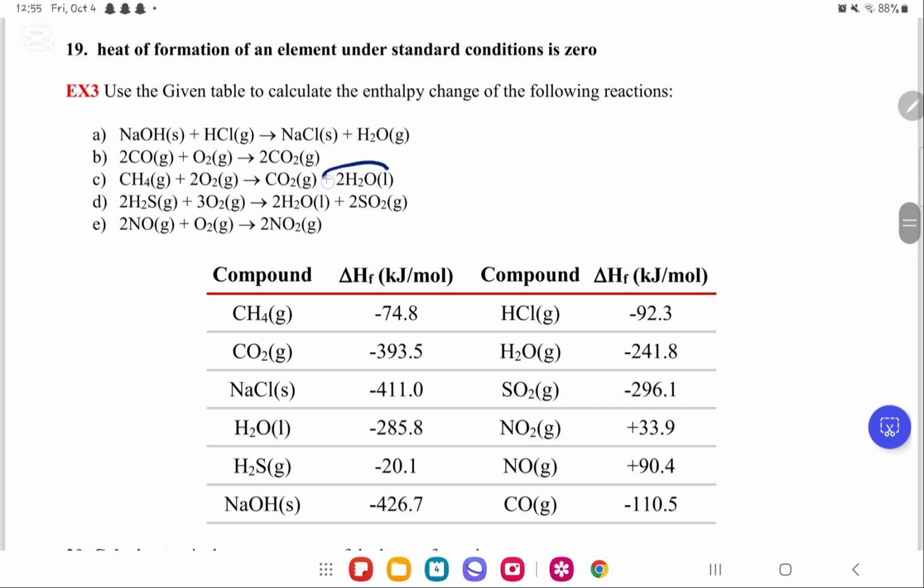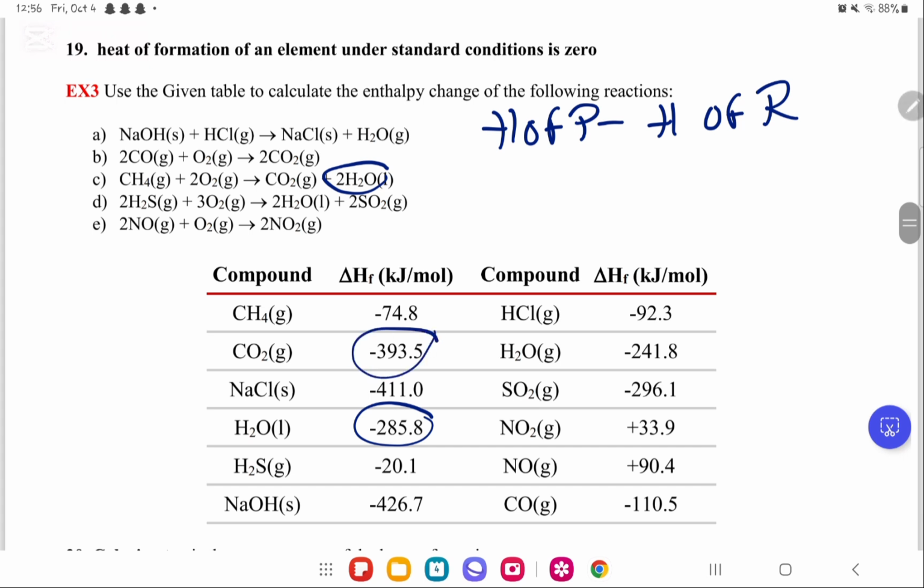Part C. In part C, we have, first of all, heat of products minus heat of reactants. We have 2 H2O liquid, so negative 285.8 times 2, okay, plus CO2 gas, which is negative 393.5. So the heat of products is negative 965.1. Now, minus the heat of reactants, we have again an element which we will not consider.